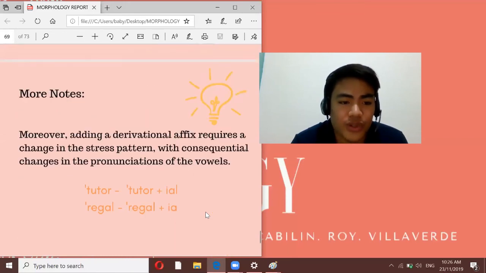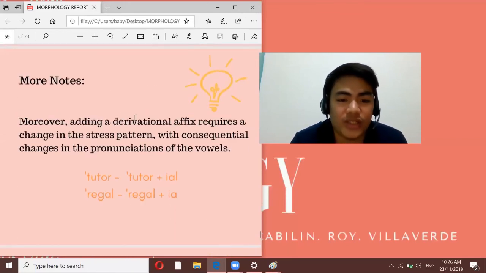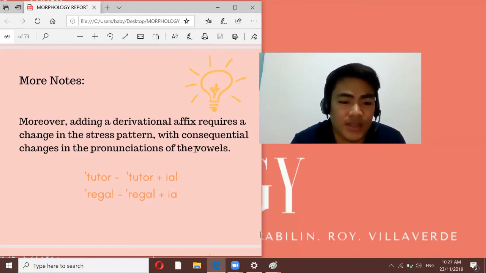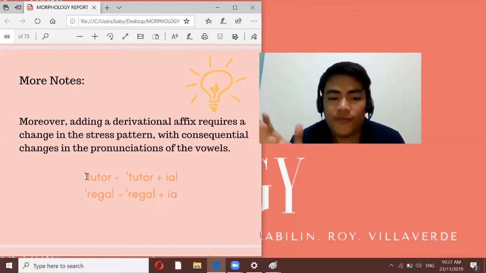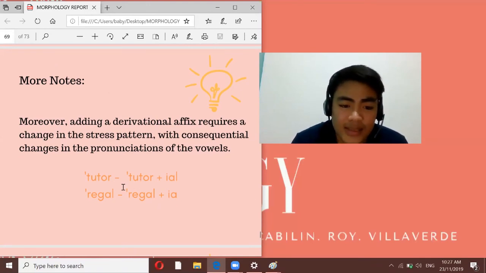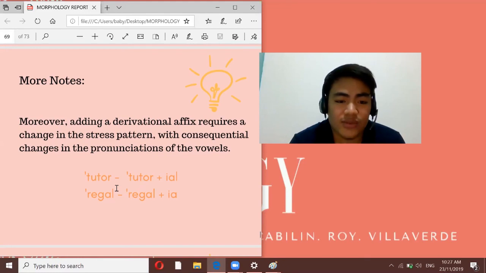More notes. Moreover, adding a derivational affix requires a change in the stress pattern, with consequential changes in the pronunciations of the vowels. Like in this case, if you try to add a morpheme to the words tutor and regal, the stress changes.